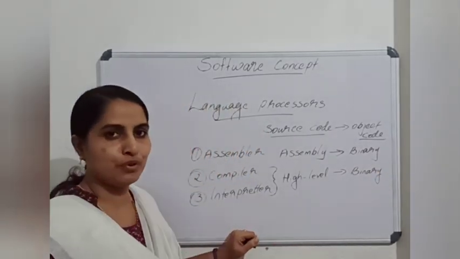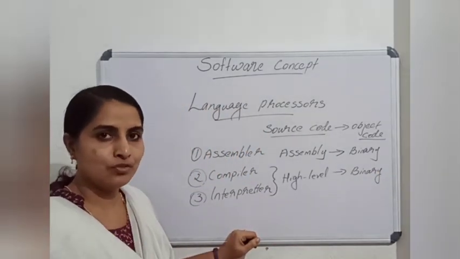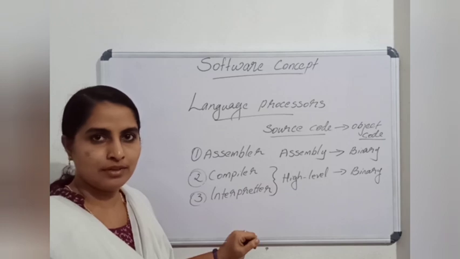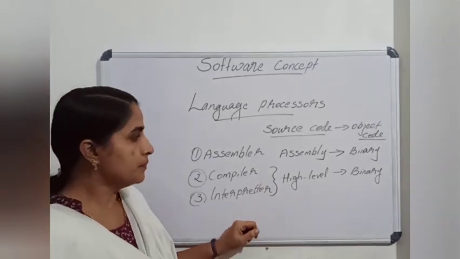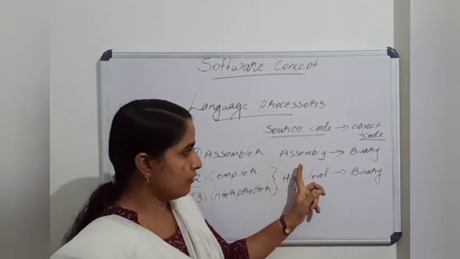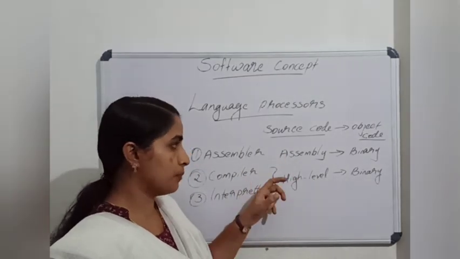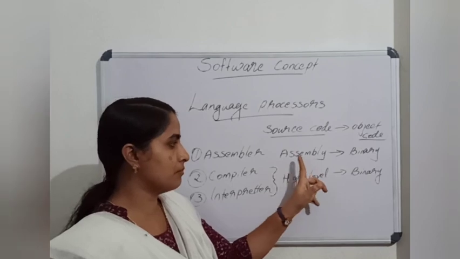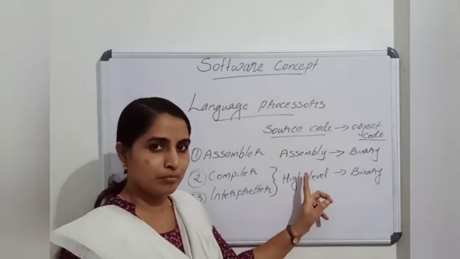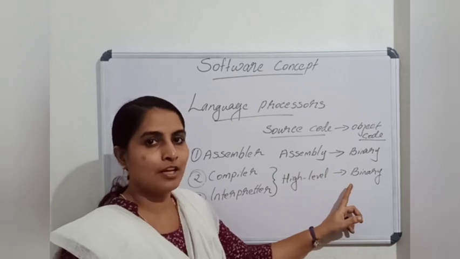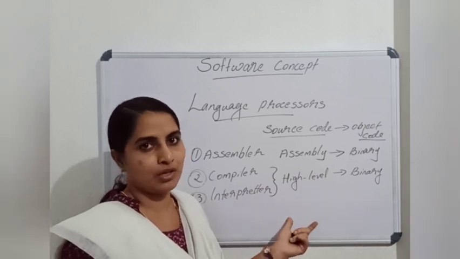Okay, I said the computer understands only the language of 0 and 1. Even if we develop lots of high level languages, to convert our program which is written in either assembly language or high level language to the binary language, or to a computer understandable form, we need special software.